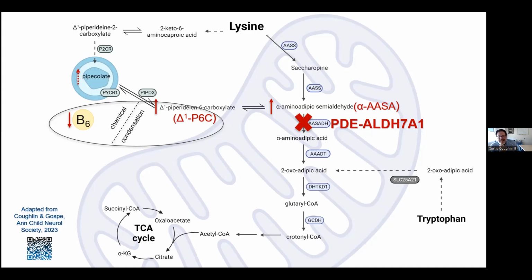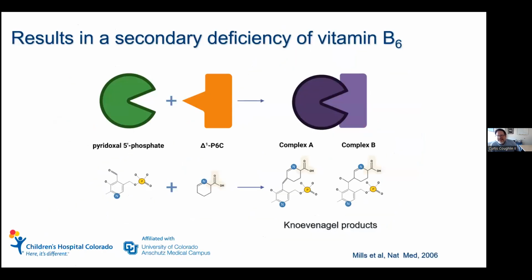Maybe someone in the audience is thinking, why in the world does a lysine metabolism disorder result in a deficiency of B6 and require daily B6? What happens is that as the P6C accumulates, it forms a chemical condensation reaction with pyridoxal 5-phosphate. And so you end up with a secondary deficiency of pyridoxal 5-phosphate. For those of you in the audience who would like to see some structures to make a little more sense, this is what occurs.